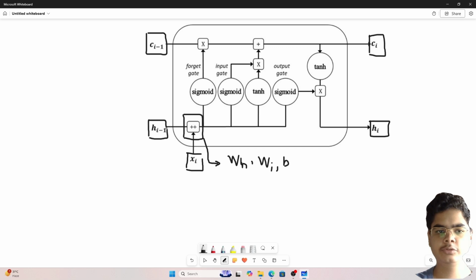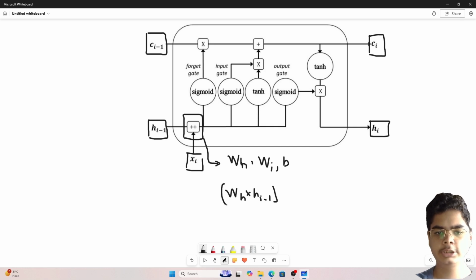So the information from the previous hidden state will be represented by h_i-1, and it will be multiplied with W_h, which are the weights for the hidden state. So W_h into h_i-1.